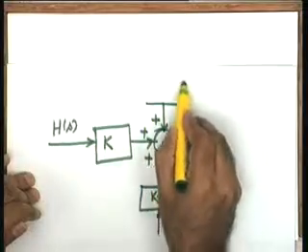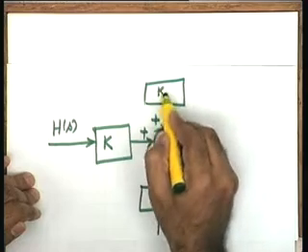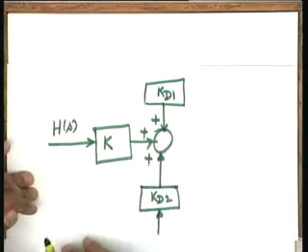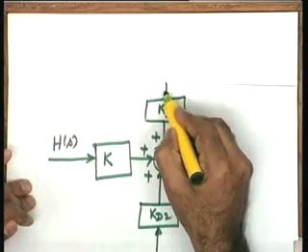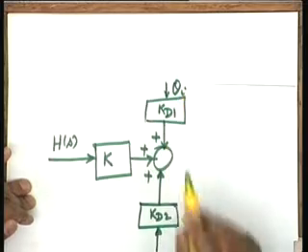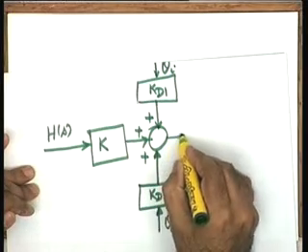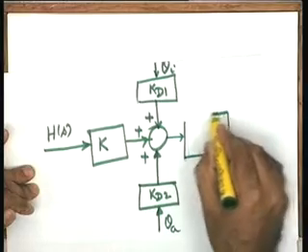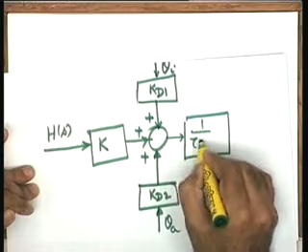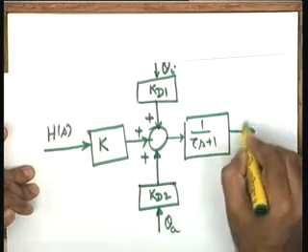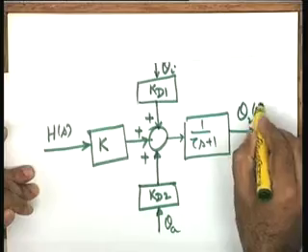It is for you to see that the 3 block diagrams I have given are now being put in a single block diagram. This I put as k d1. With k d1 I have got the variable theta I, with k d2 I have got the variable theta a, and here I put 1 over tau s plus 1 block, and this becomes my theta 2s. Please see whether this is okay.